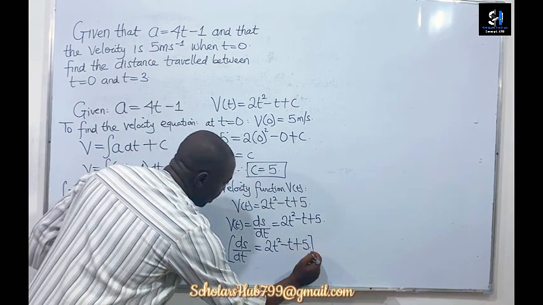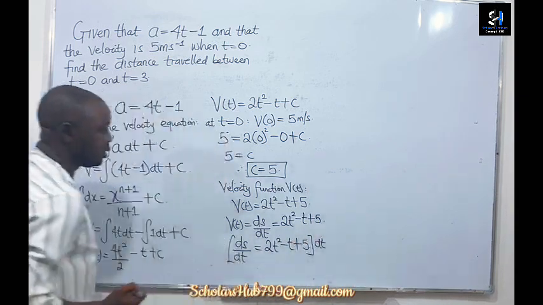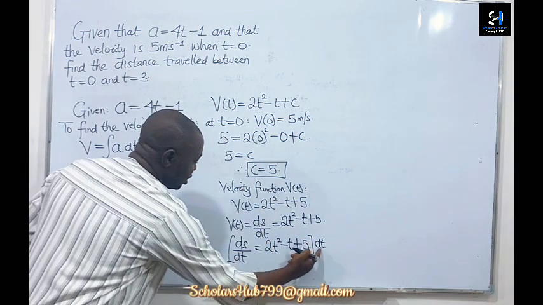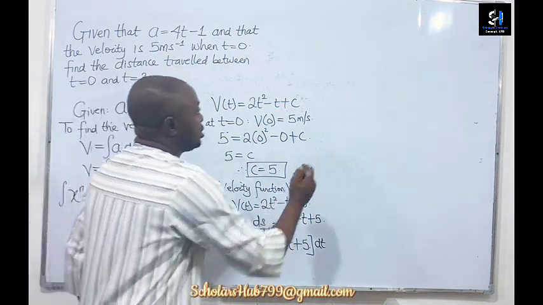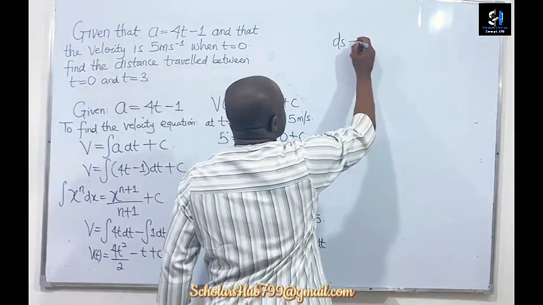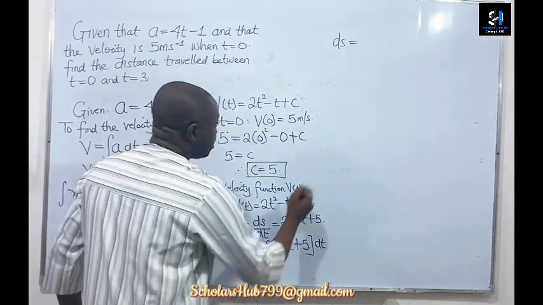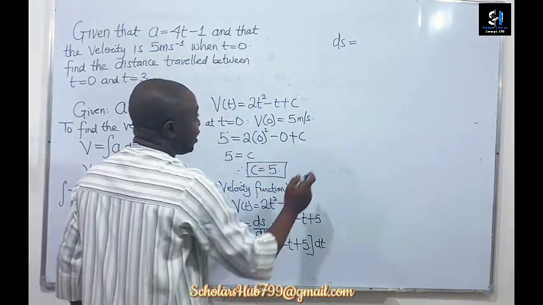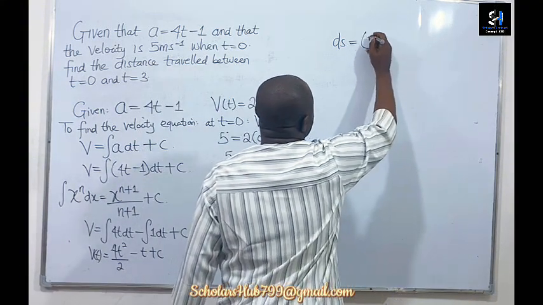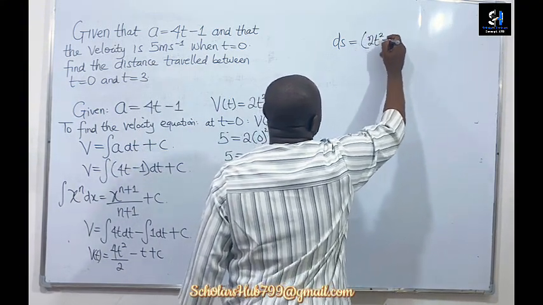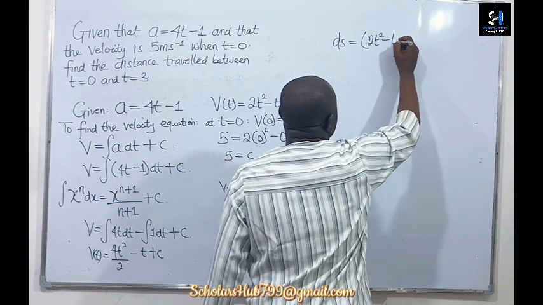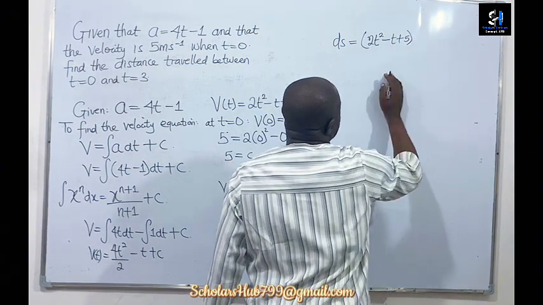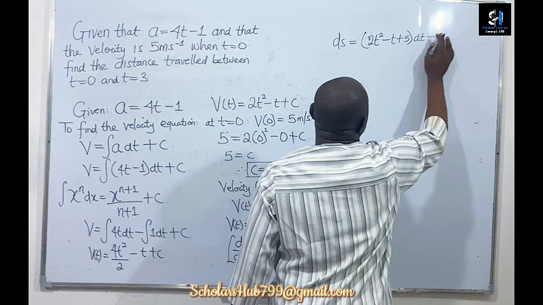So I'm going to multiply through this equation by dt. So dt multiplied by ds over dt will be ds. Then multiply by 2t squared minus t plus 5. So we're going to have ds equals (2t squared minus t plus 5) dt.